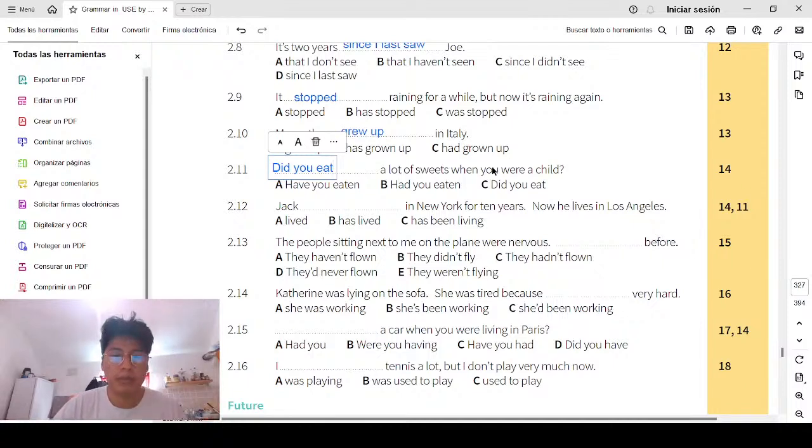Okay. In this case, the first question is about an experience. In this case, it's not an experience. Basically we're taking "when" as a specific point, so we're talking about the simple past. Did you eat a lot of sweets when you were a child? So that's why it's simple past.